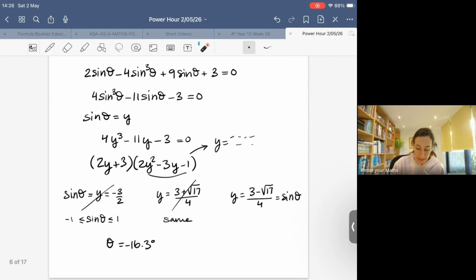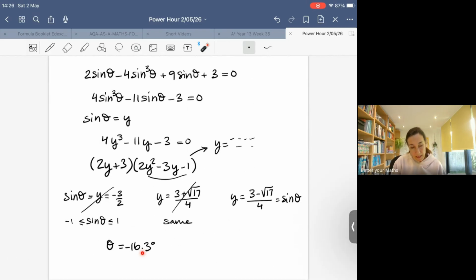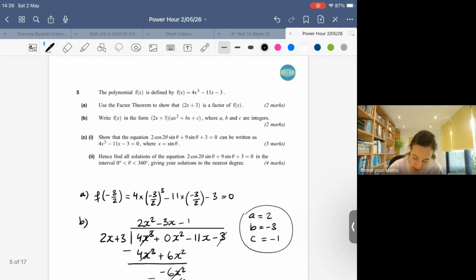So remember, sine theta is symmetrical in the y-axis. So what we are going to do is to subtract from 180. So we do 180 minus that, I get 196.3. They say giving your solutions to the nearest degree.